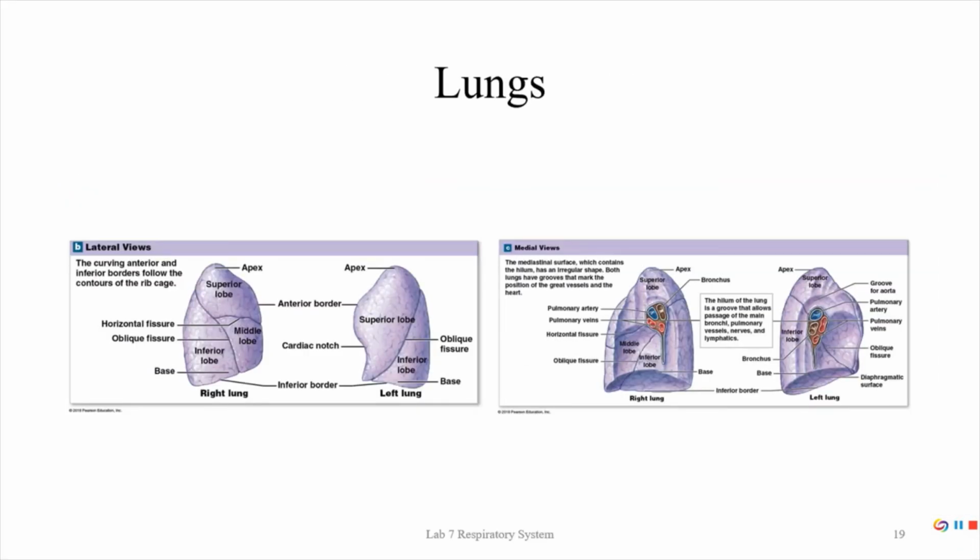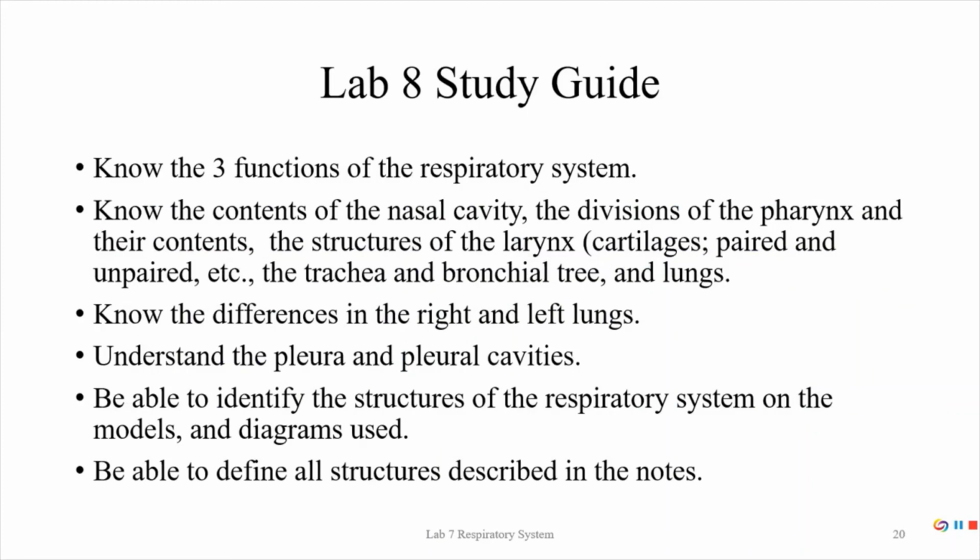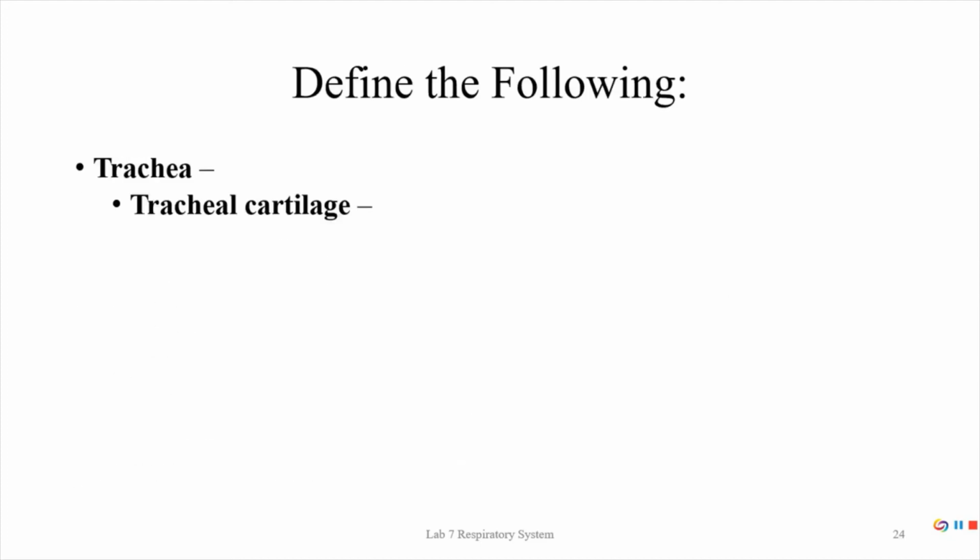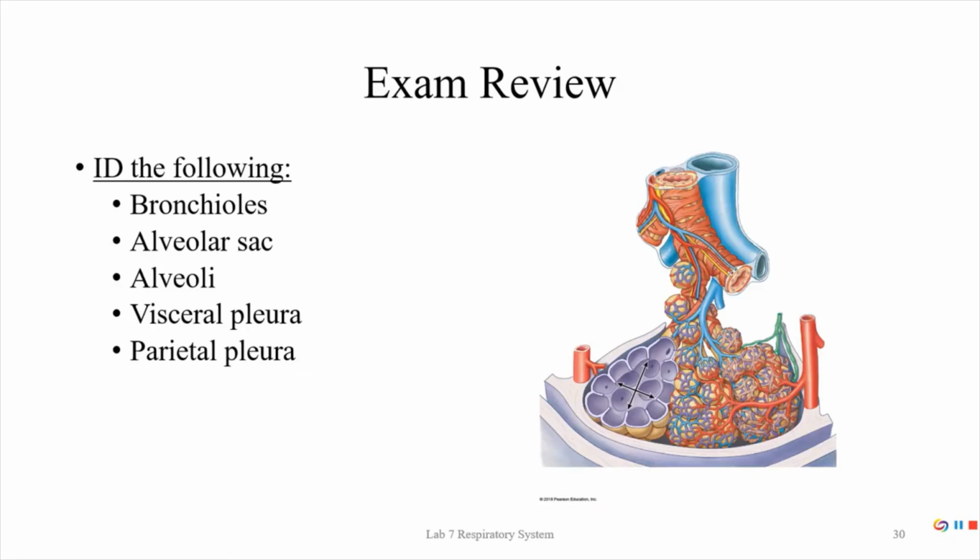Now, here we can see all the lung structures as well, if you also have that for reference. My study guides are basically like, okay, you need to know everything, but then I break down everything we went through, so you know what's going on. Practice images are down here. This will be the only diagram that I use. And here are the structures to actually ask it. You can actually see the visceral and parietal pleura here.